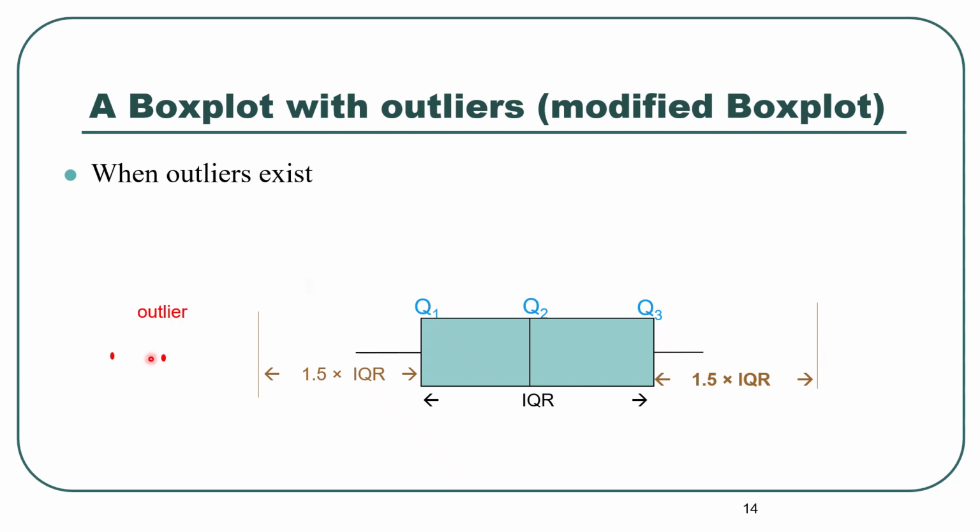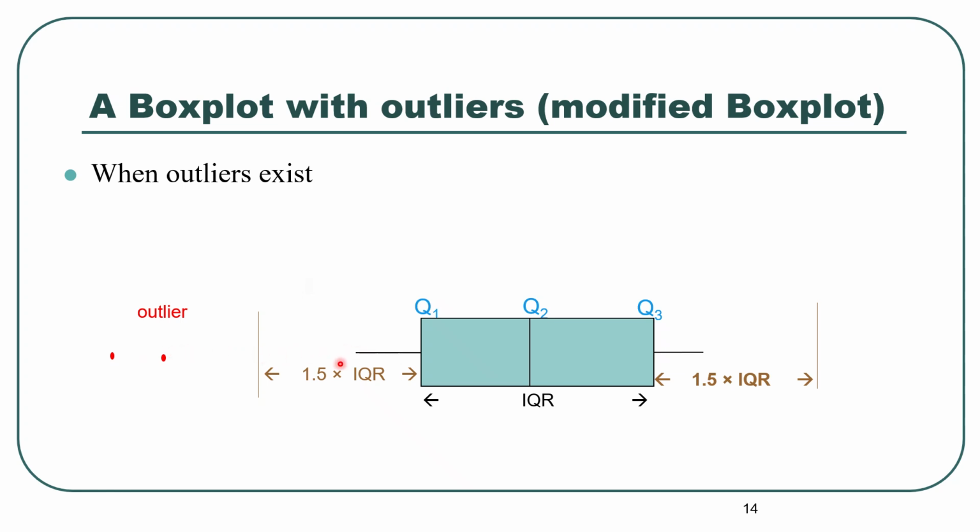So if I have these two dots, these two values, instead of extending my whisker to the minimum value, this is the minimum value in that case, but because it is beyond the 1.5 interquartile range from Q1, these are not going to be put on the whisker. We are not going to extend the whisker to here.